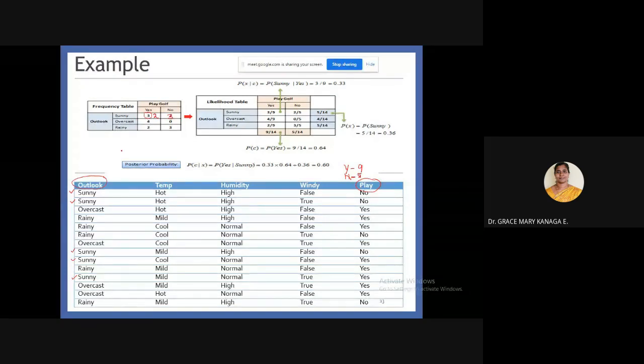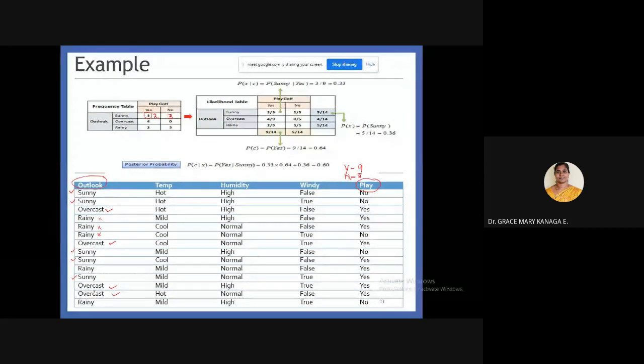Okay, similarly for overcast, you just tell me. So for overcast, everything is yes, and there is no, so we have mentioned 0. Similarly, you just now check it for rainy.